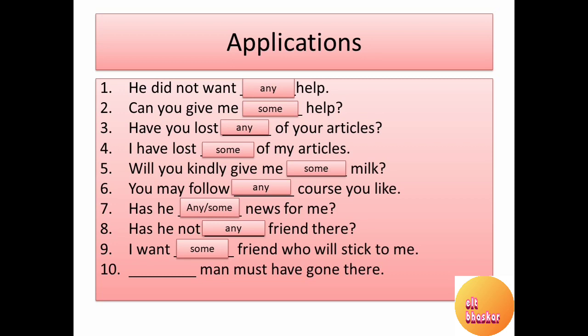So some friend here refers to someone less indefinite, right? And therefore we have used some. So the last one, dash man must have gone there. So again some, because any is more indefinite, so we will use some here, as the sentence demands some to be put here.